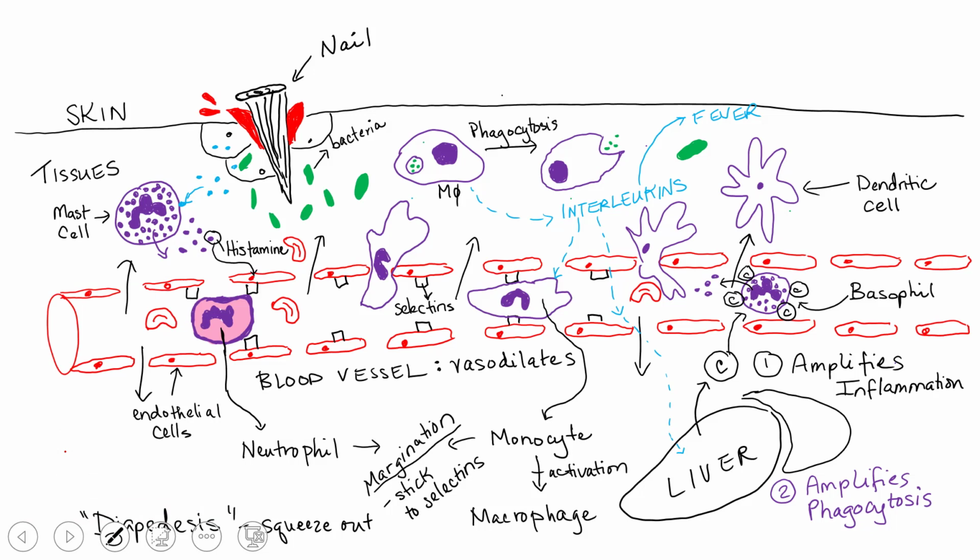So the complement proteins, not only do they circulate in the blood and bind to basophils, but remember, the blood vessel is super leaky right now, meaning everybody's leaking out into the tissues. So complement proteins can leak out into the tissue. So imagine some of these complement proteins leaking into the tissues.